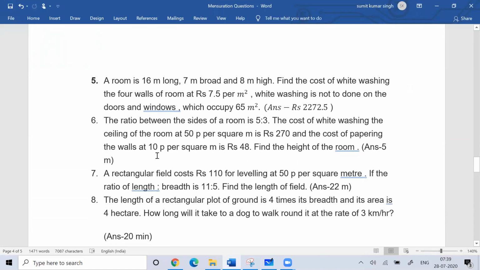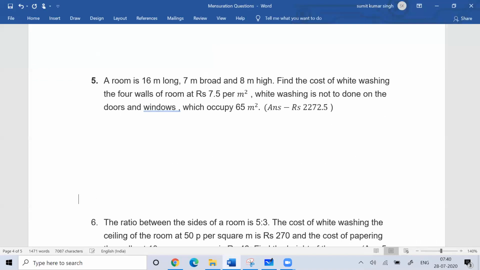Question number 5. The dimension of a room is given to you. A room is 16 meter long, the breadth is 7 meter, and the height is 8 meter. Find the cost of whitewashing the four walls of the room at 7.5 rupees per meter square.